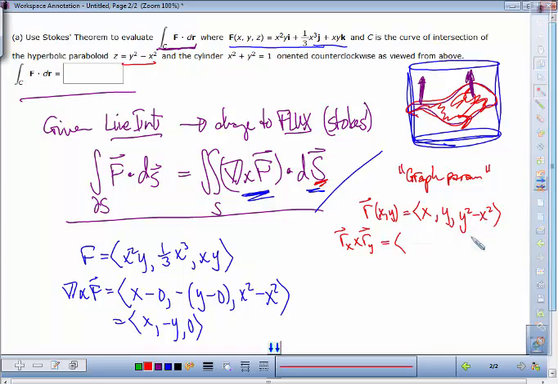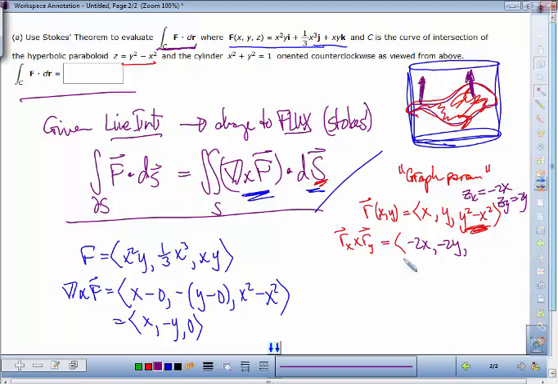So the gradient comes from this function, if we were to compute the gradient. So pretend that this is z. zx is going to be negative 2x. zy is going to be positive 2y. So it looks like it's going to be negative 2x, comma, negative 2y, comma, remember what that last one was?